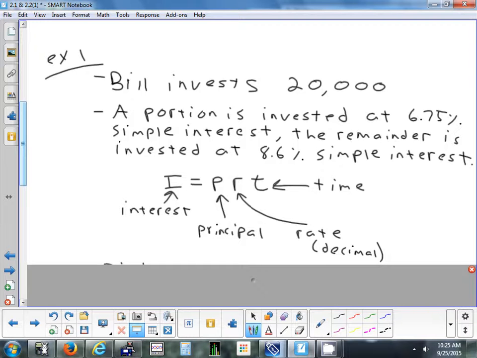P is the principal. Principal is how much money you're investing. R is the rate. And it's very important that we write the rate as a decimal. So for example, if it was 12%, we'd have to change that to 0.12. And T is the time. And for our problem, time will be measured in years.